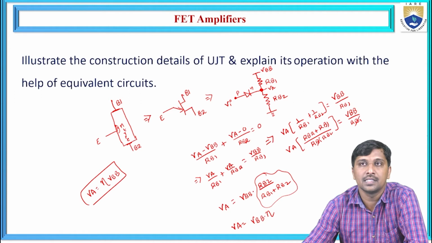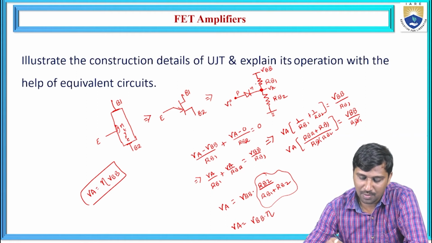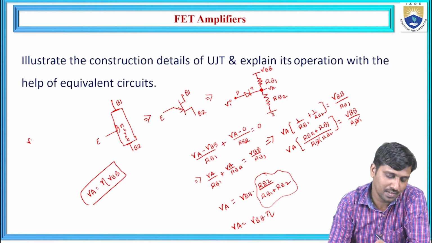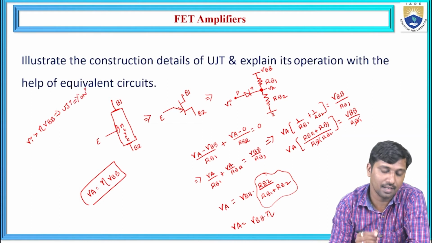If you apply this principle here to the operation of the unijunction transistor, your applied input voltage must be greater than eta times VBB, then only the UJT enters into conducting state.